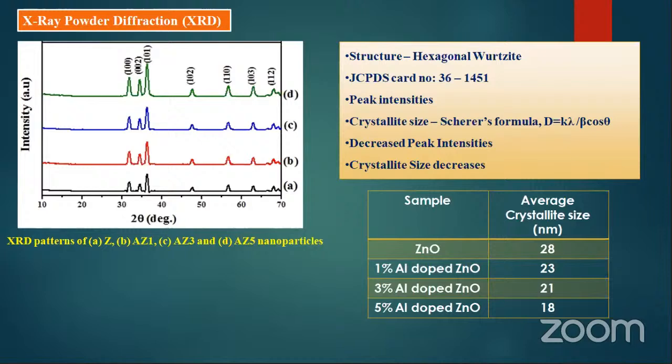To study the characterization, we did powder XRD, and you can see the figure. For ZnO, you can see that it is a hexagonal wurtzite structure, and it is well matching with the JCPDS card number.